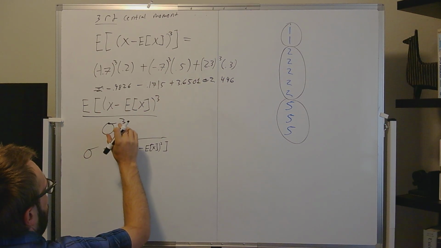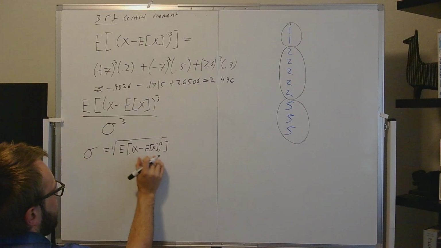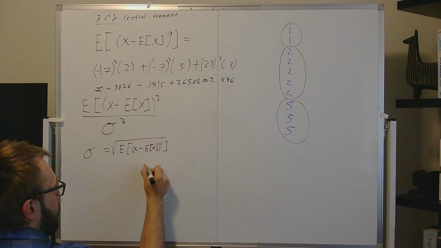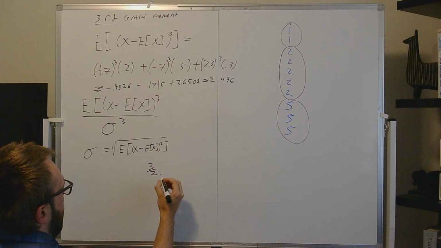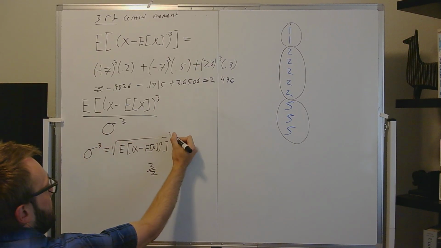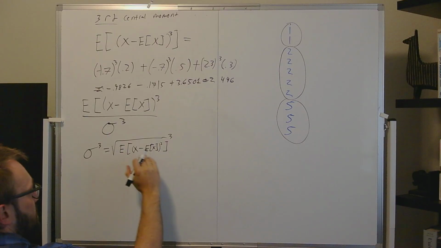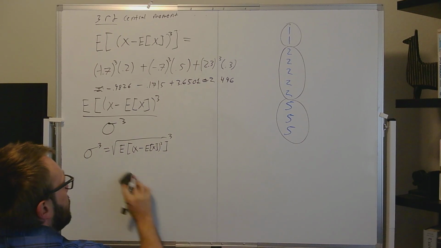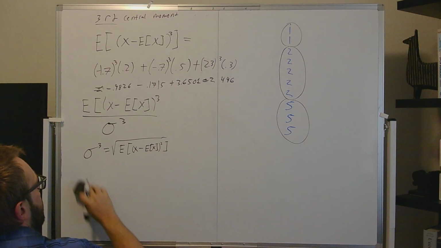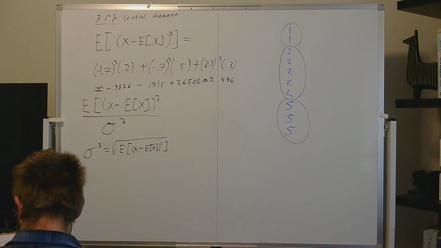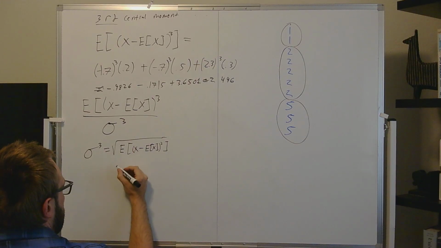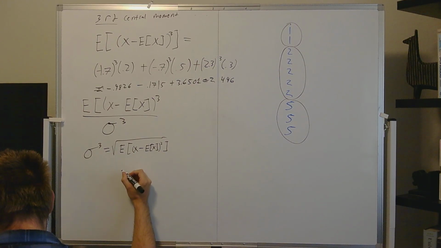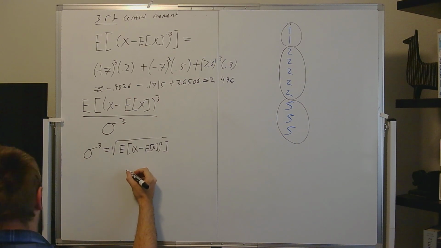So when we take this to the third, it's basically like taking our second central moment and raising it to the 3/2 power. Because if I raise this to the third, there is a square root here. That's what's going on there. Actually, recall from last time, I'm going to just shortcut this for us.